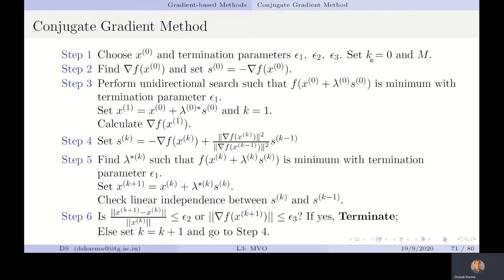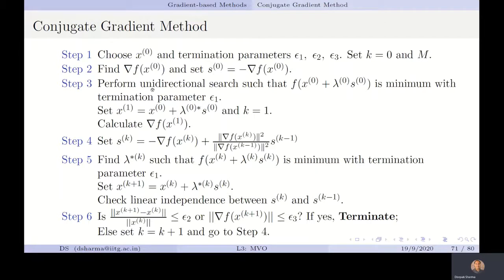The iteration counter k equals 0 and the maximum allowed iteration capital M. In step 2, we find the gradient of the function at the current point and take this particular gradient as the steepest descent gradient, which will become our direction S0.